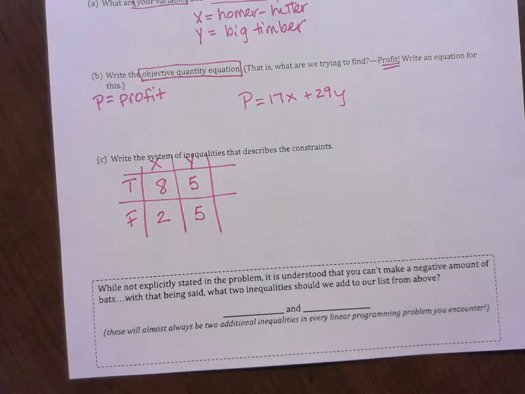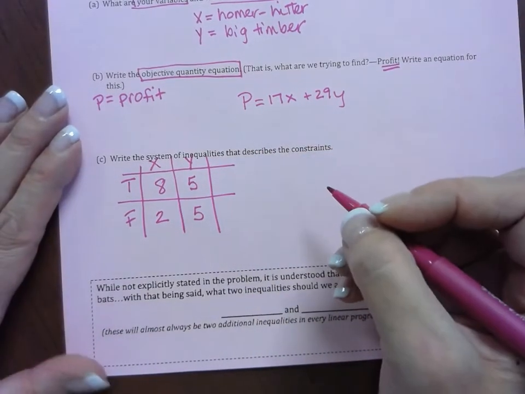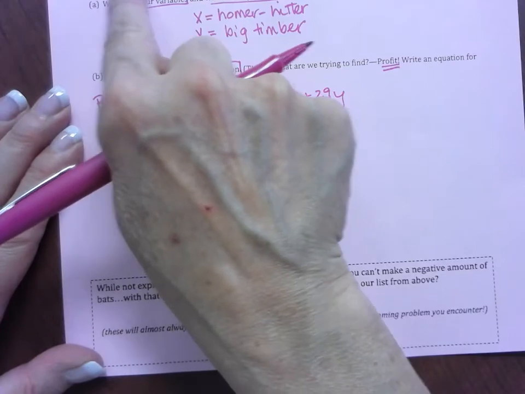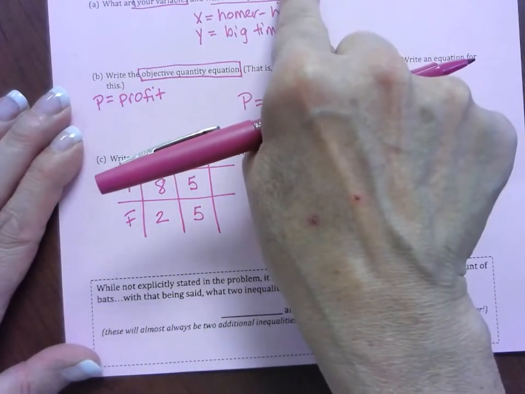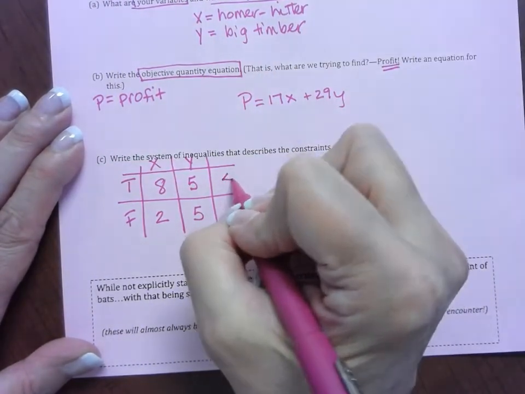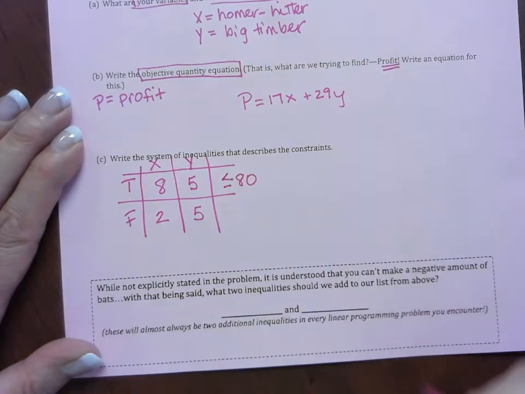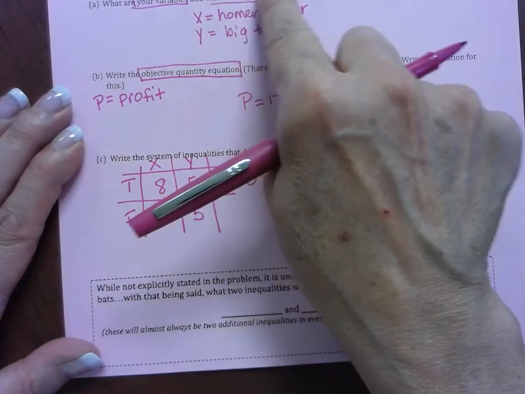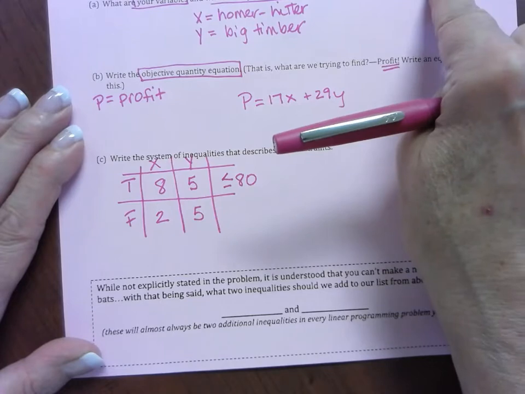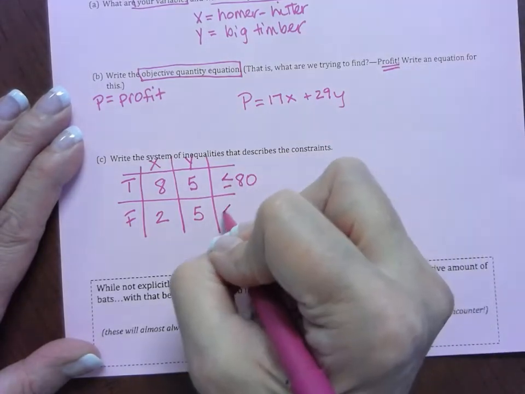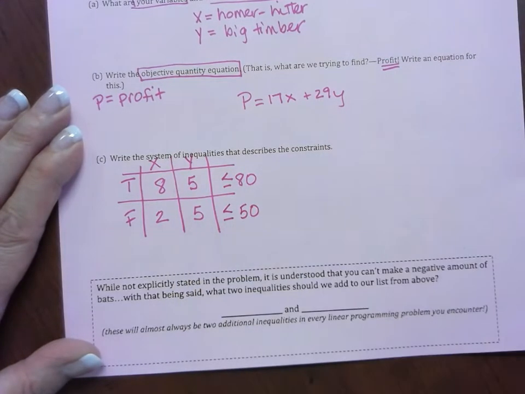How much total time do I have available for trimming? Well, the total time for trimming is 80 hours, so it has to be less than or equal to 80. And my total available time for finishing is 50, so less than or equal to 50.